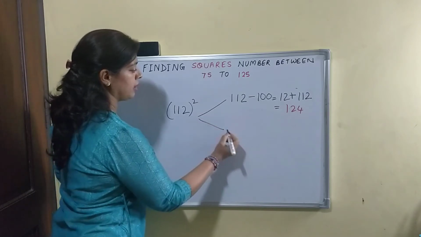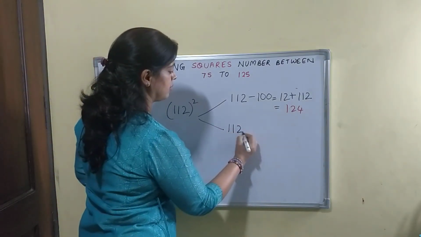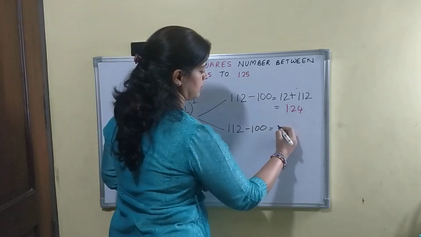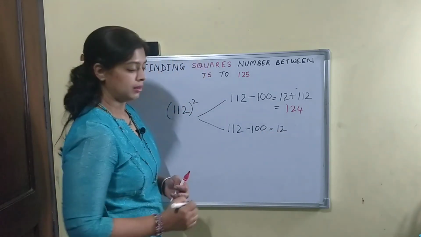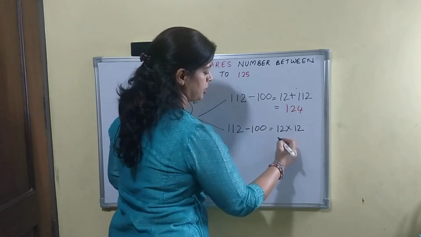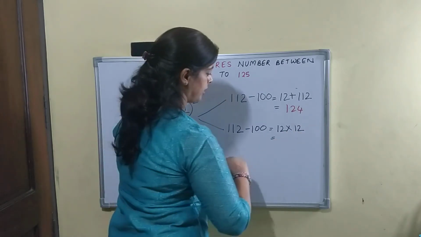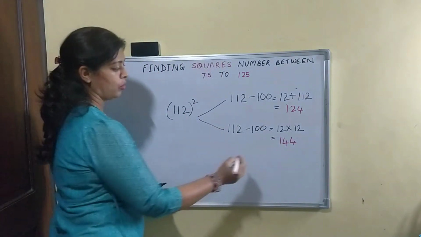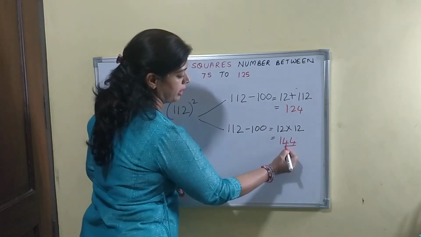Second step, again I subtract 100. I get 12 again. This time I take the square of this. So 12 into 12, which gives me 144. Over here I take the last two digits only.